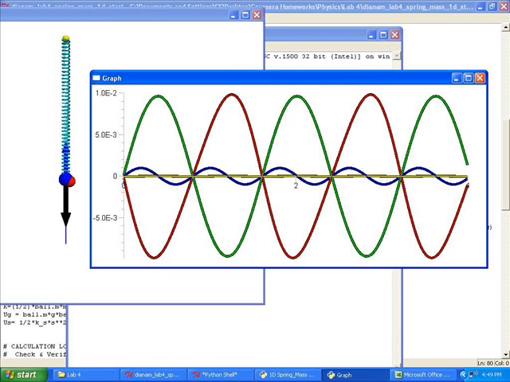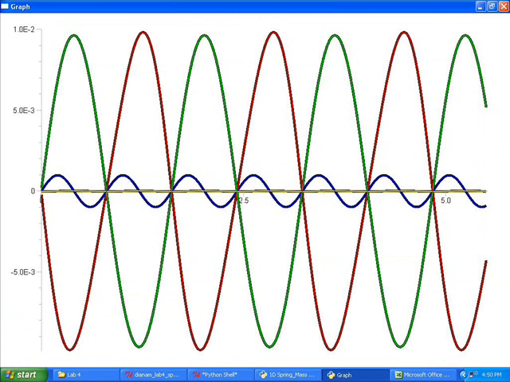Finally, the program shows all energies: kinetic energy, blue curve; spring potential energy, red curve; gravitational potential energy, green curve; and total energy, the sum of the three, yellow curve.